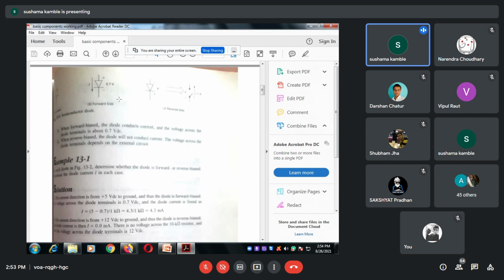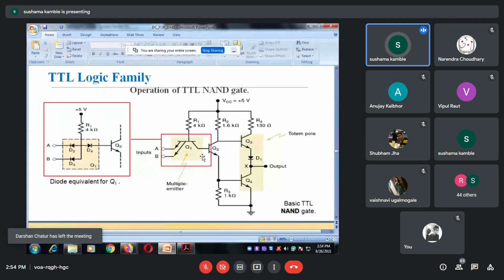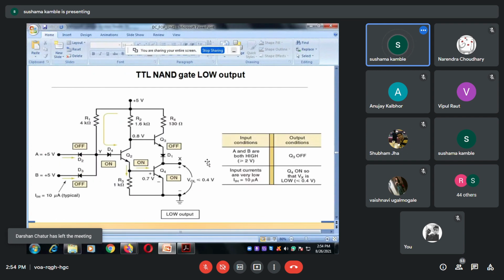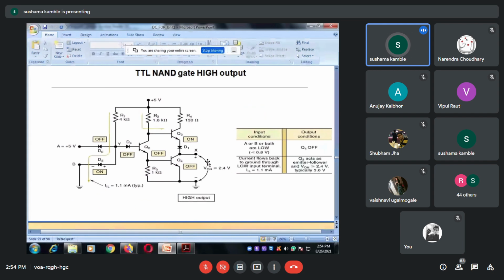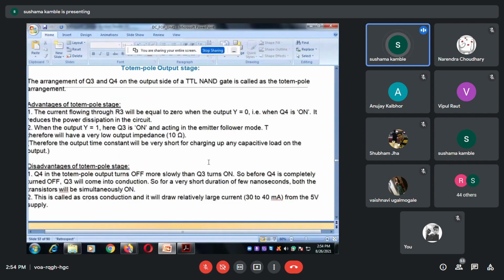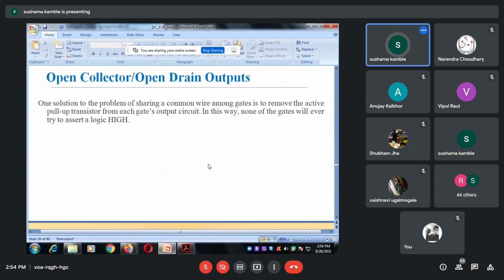Okay. So what is my question? When will the diode conduct, or when will the diode be forward biased? For the circuits after this, I'll show you the PPTs, because we are discussing the same circuit, and we say that this transistor is on, this transistor is off, and so on.